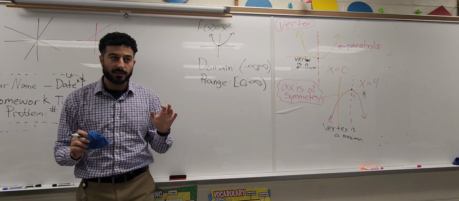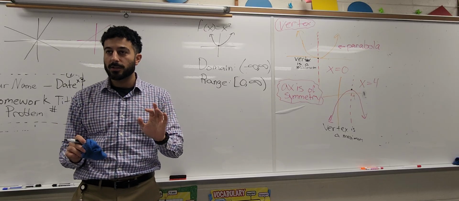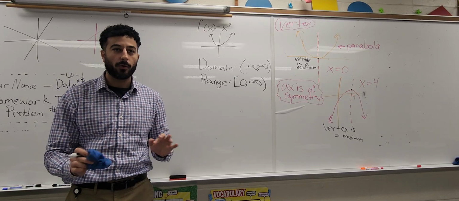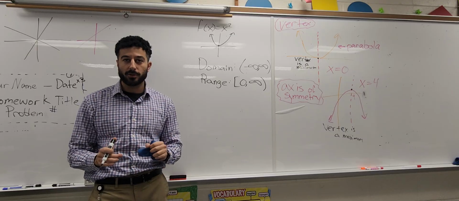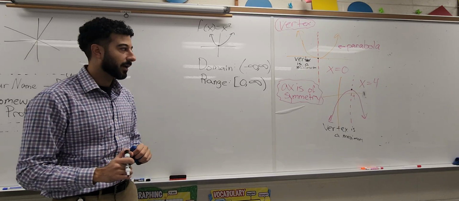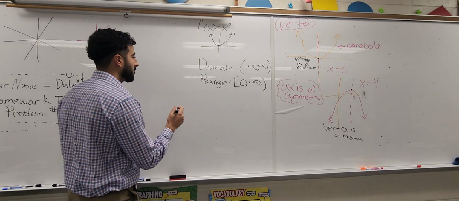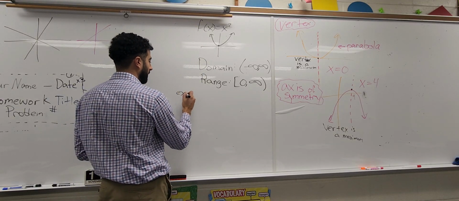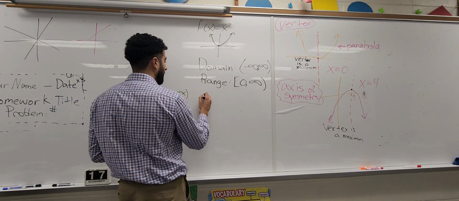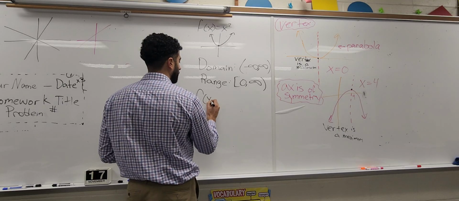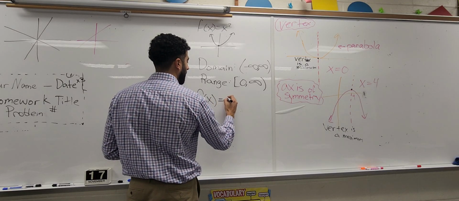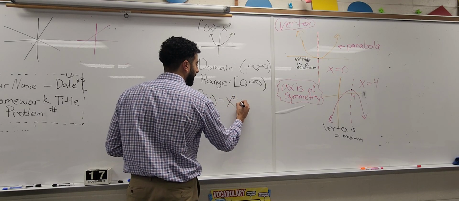Okay? All right. So, the next activity is more independent work. I'm going to ask you to make me a table of values for a quadratic function to be able to graph it. Okay? Here's your example. It's going to be f of x equals x squared plus 1.